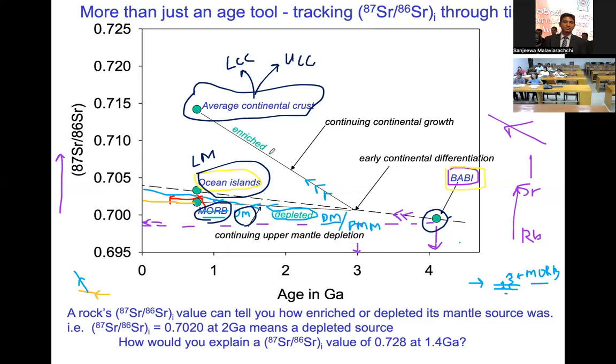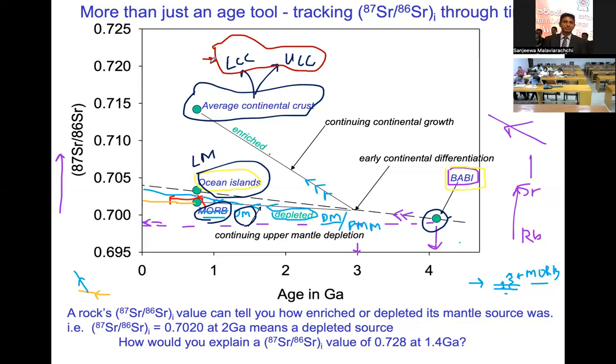The upper continental crust is more enriched in rubidium. Upper crust means the upper level of the crust, lower crust means the lower level of the crust. At the lower level you have a lot of mafic minerals, mafic rocks, like a lot of pyroxenes, some olivines also, and a lot of plagioclase.